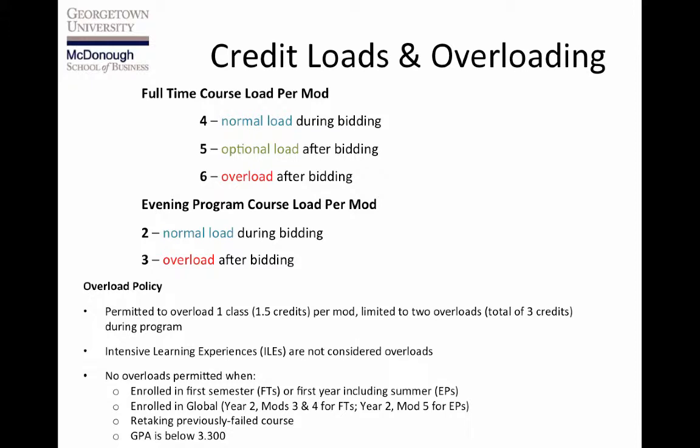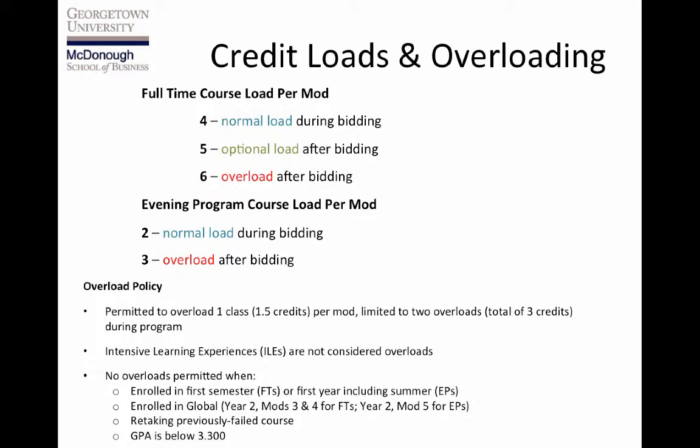Now I want to explain a little bit about credit loads and overloading. Full-time students are set at 4 courses per mod during bidding, so everyone gets a chance at a full schedule. And then they can take 5 courses per mod optionally after bidding. So if you'd like to take 5 classes, let your advisor know and they'll raise your credit max to be able to do so during add drop.